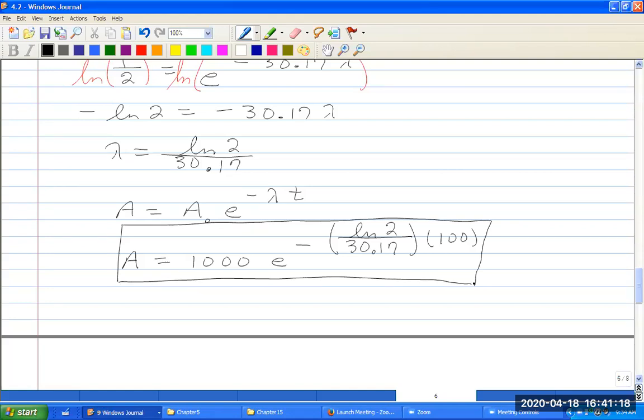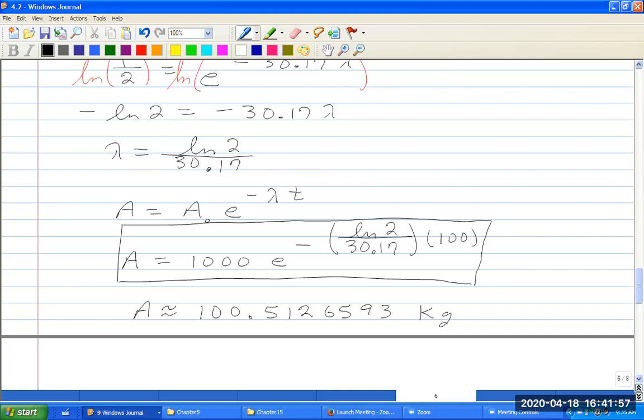But you'll probably want to plug that into your calculator. So the amount that you have after 100 years is about 100 kilograms, 100.5126593 kilograms. So that's the approximate amount of cesium-137 that you have.